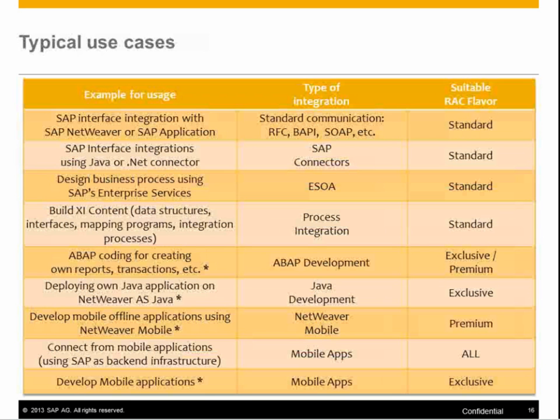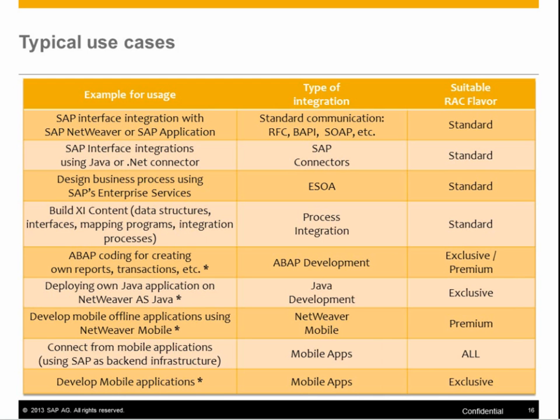Then I will also outline some more typical use cases and which flavor suits best to the particular utilization. As outlined, there is SAP interface integration with SAP NetWeaver or SAP applications using RFC, BAPIs, XML, enterprise services, and all that stuff.